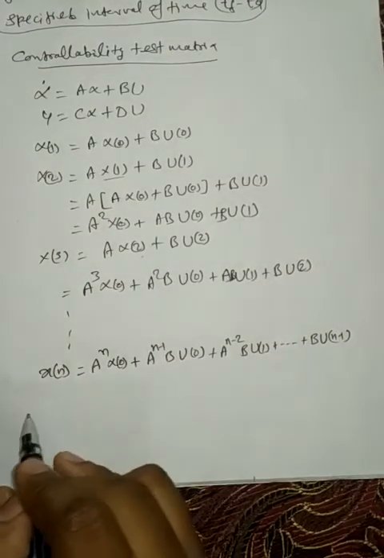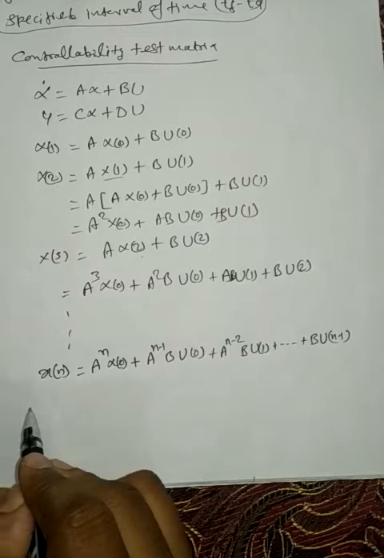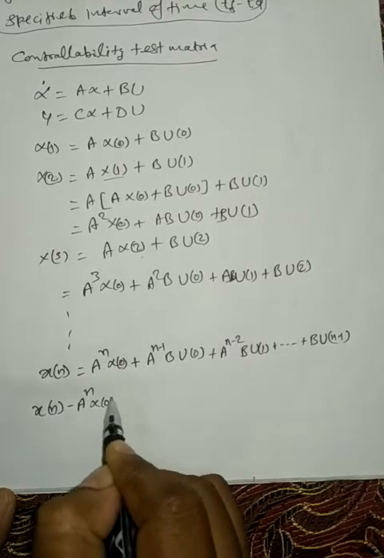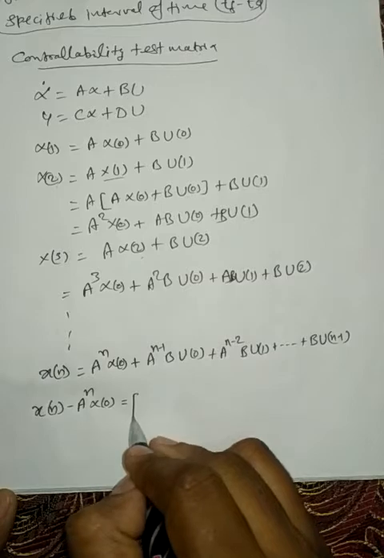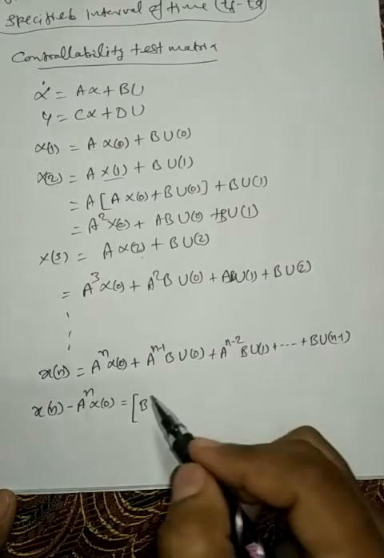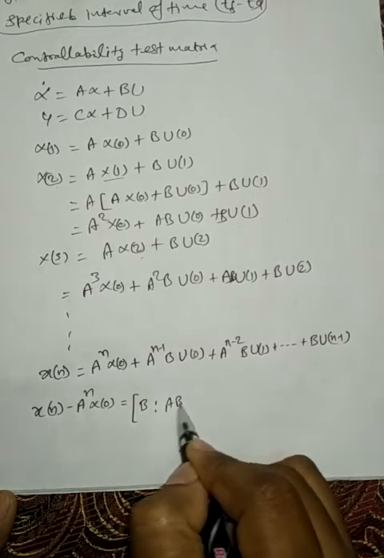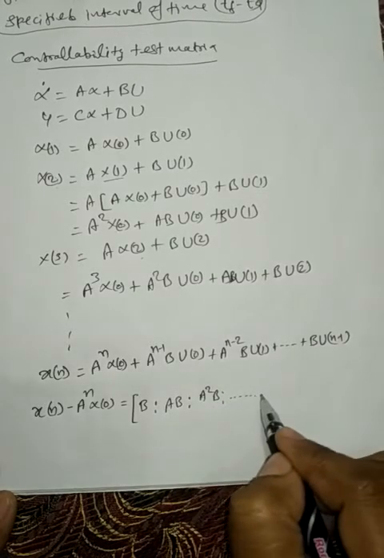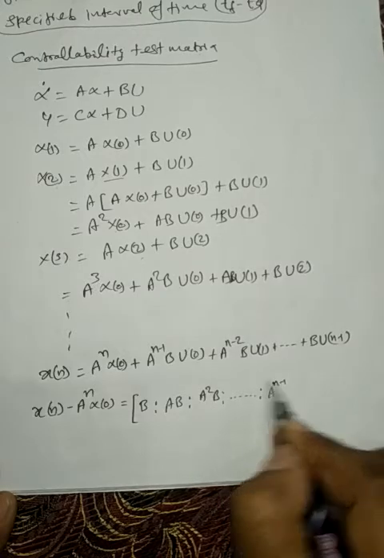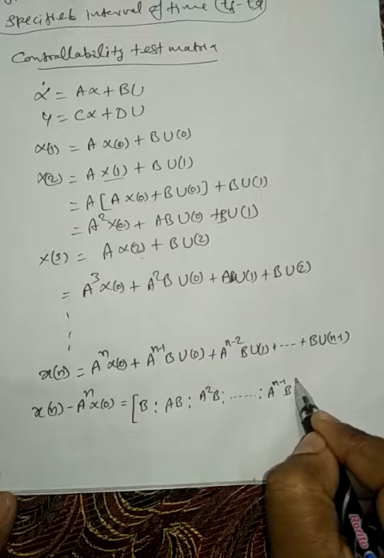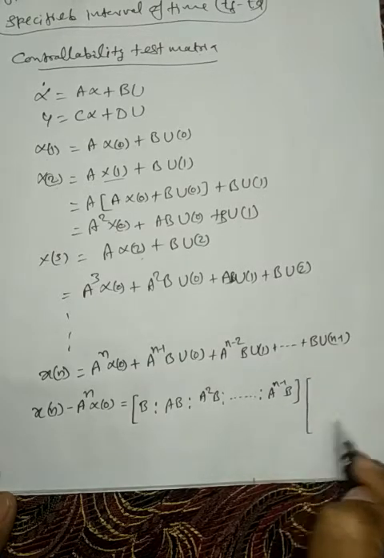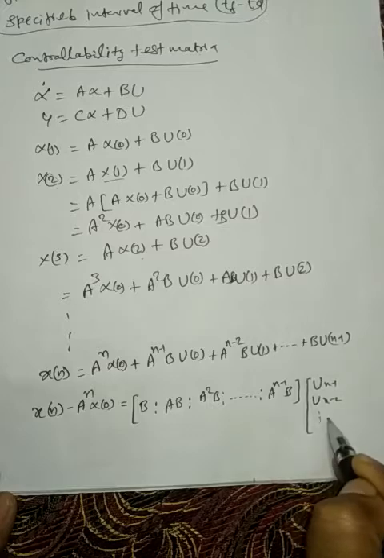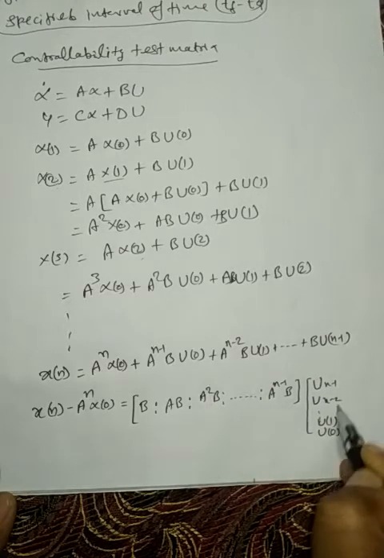This can be written, if I manipulate this equation, as xn minus a raised to n x naught is equal to the matrix b, ab, a square b, up to a raised to n minus 1 b, multiplied by un minus 1, un minus 2, and so on, up to u1 and u0.